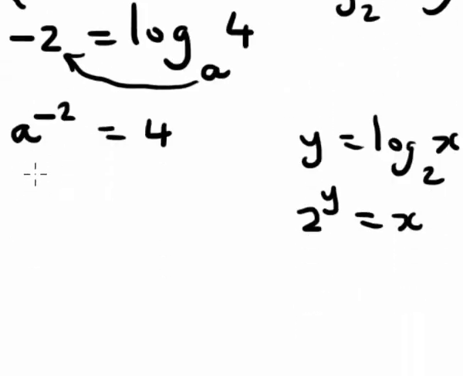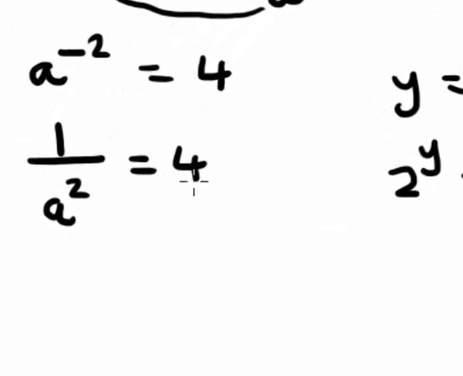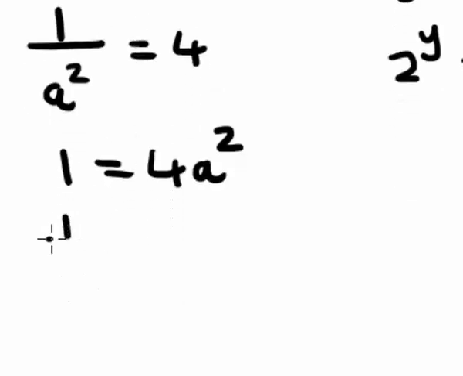Now this is 1 over a squared. No problem, because we're dealing with negative exponents. Let's multiply both sides by a squared, and of course the a squared shoots up there. Then of course what can we do? Divide both sides by 4.